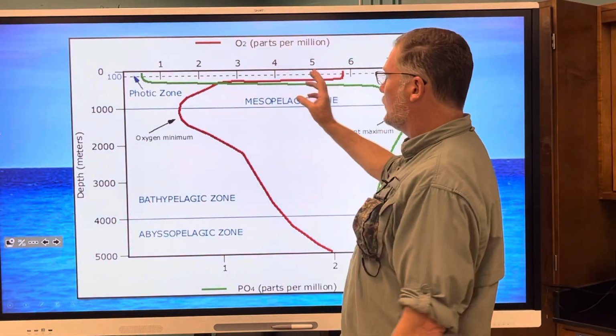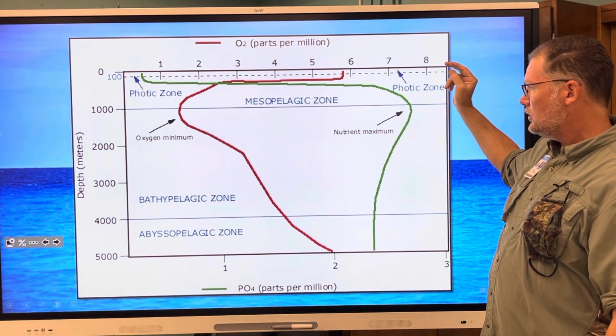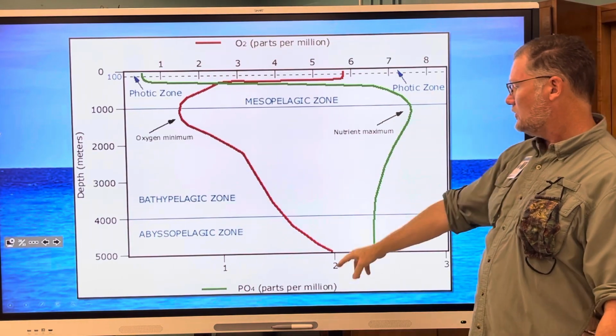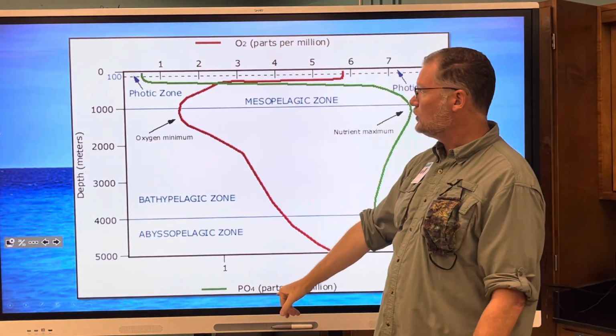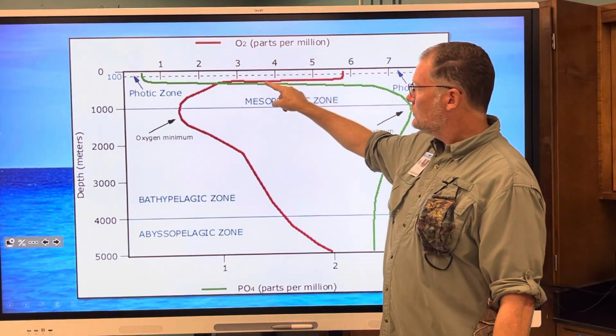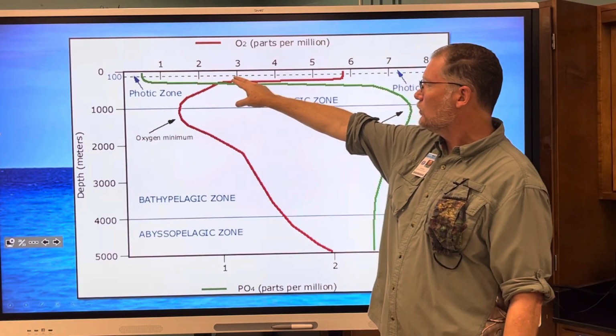And this is just another description of that. So the red is obviously the oxygen, and the green is phosphate. That's just a different relationship, okay? But the red is the same pattern, right? And then once you pass the photic zone's way up here.